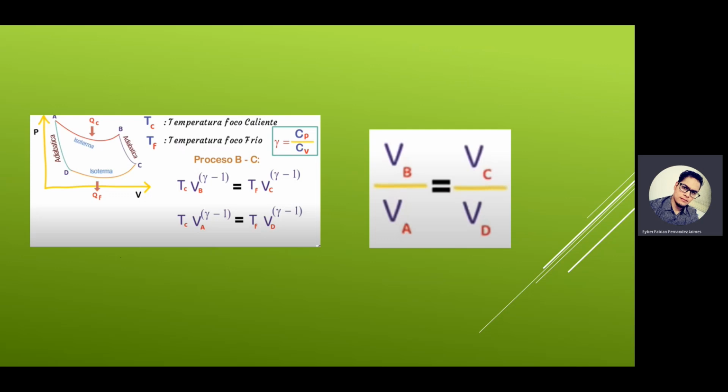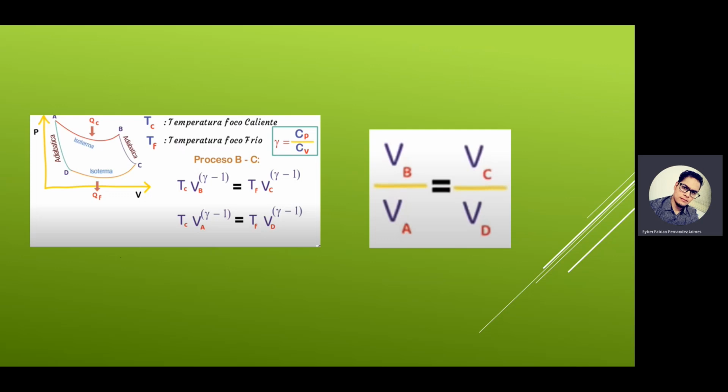Isothermal compression C to D: the gas rejects heat QF to the cold source, maintaining temperature. Adiabatic compression D to A: the gas is heated up to the temperature of the hot source T1, closing the cycle.